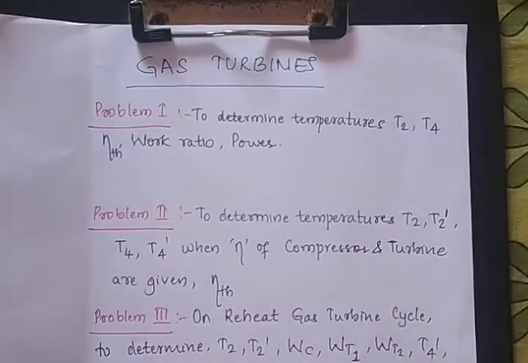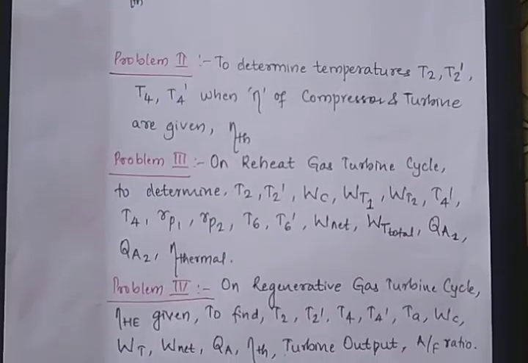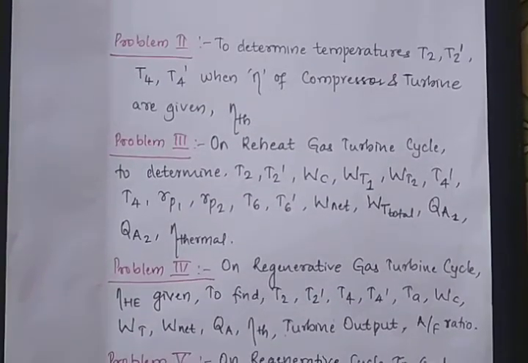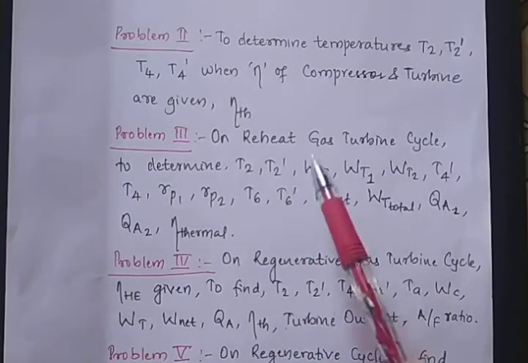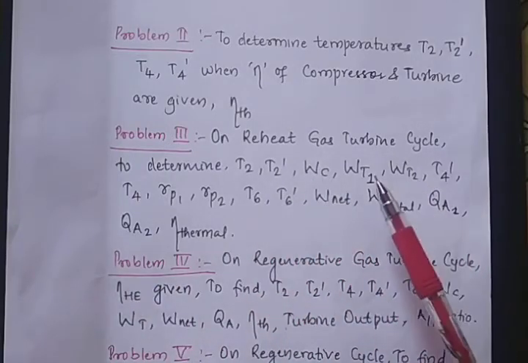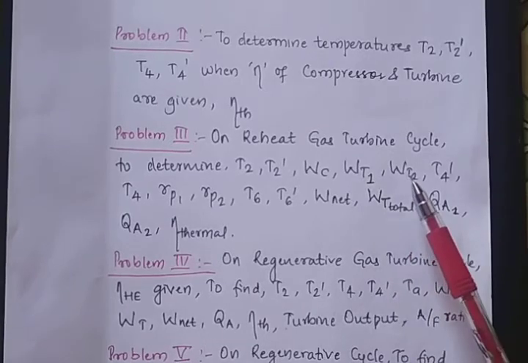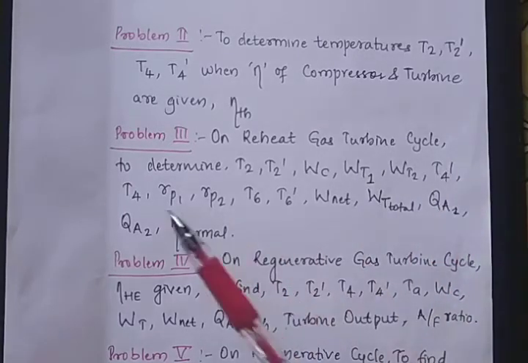In the second problem, when the efficiencies of the compressor and turbines were given, we had to find out T2 and T2 dash and T4 and T4 dash along with thermal efficiencies. In the third problem, which was on reheat gas turbine Brayton cycle, we had to determine the temperatures T2 and T2 dash, then work of compression, work done by turbine 1, work done by turbine 2, then T4 and T4 dash.